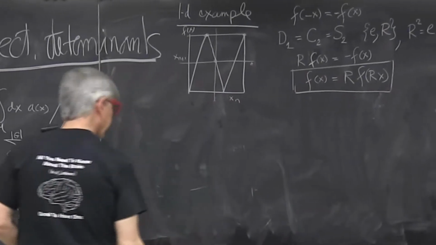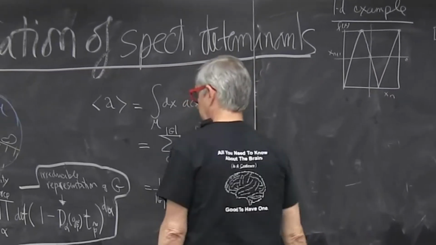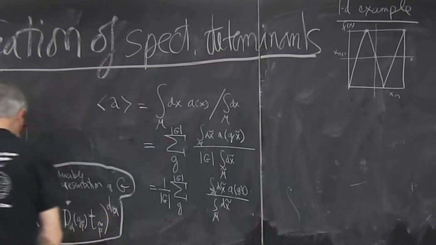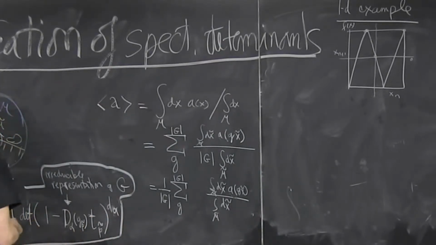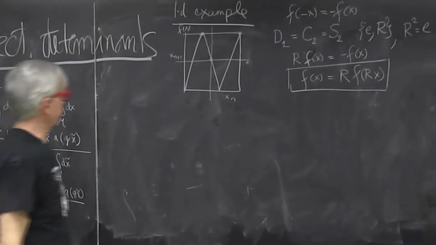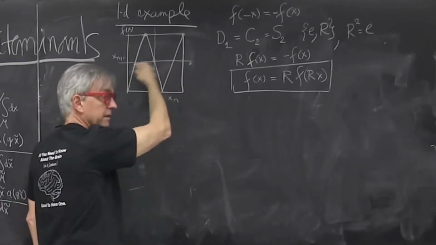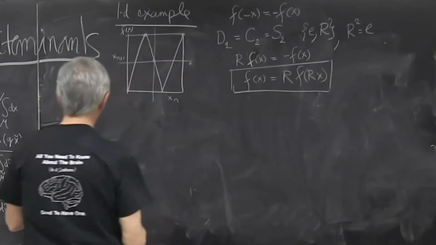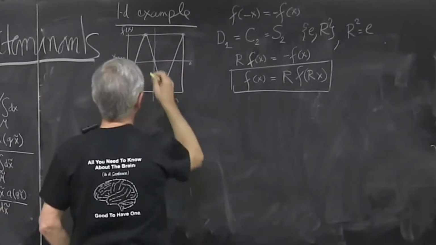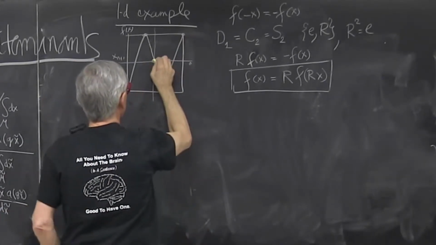So what kind of compact, short solutions can we have? A typical initial condition is ergodic. It just runs all over the place. But we obviously have 3 fixed points.